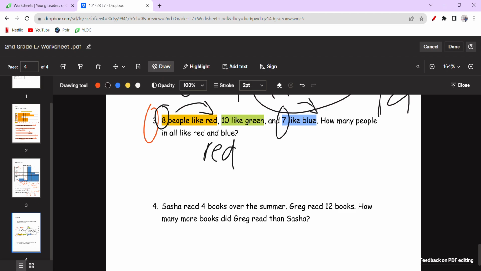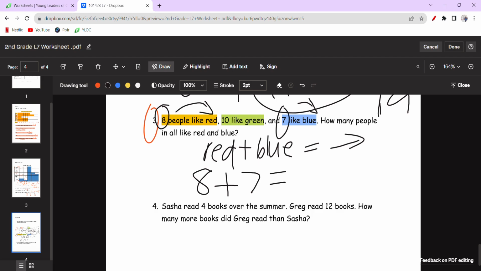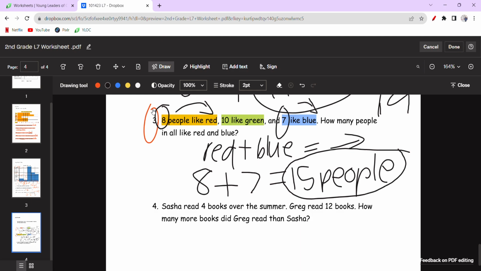So red plus blue would equal our final answer, right? And so if we plug in our value, we have 8 people who like red, and then 7 who like blue, and then 8 plus 7 will equal 15. So, 15 people like red and blue.